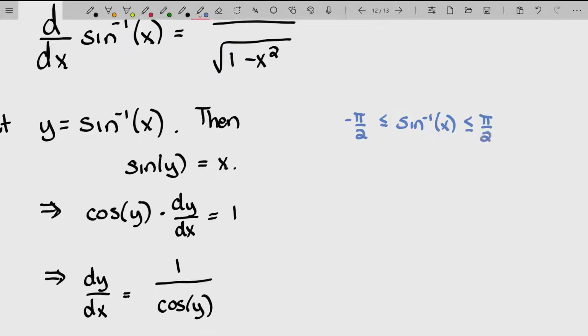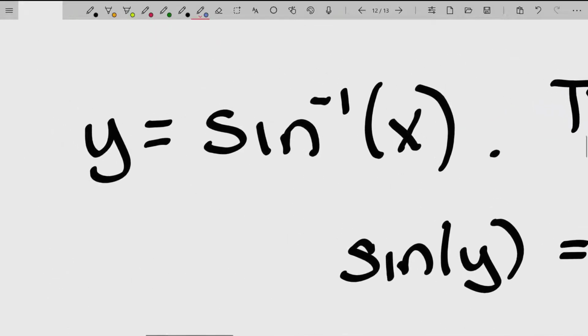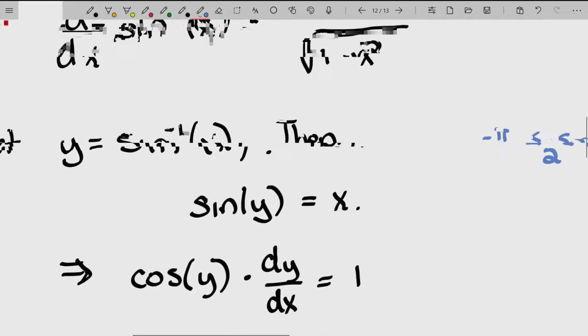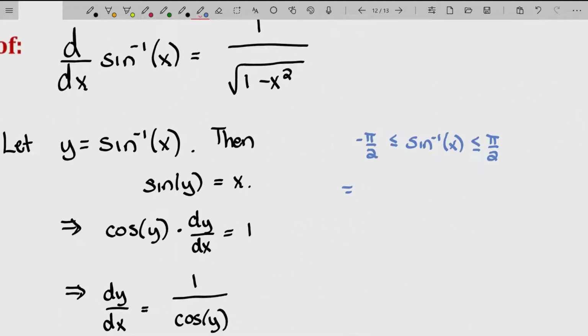So sine inverse of x is returning y. We said y is equal to sine inverse of x. So our y values are between negative pi over 2 and pi over 2 as far as rotational angles.